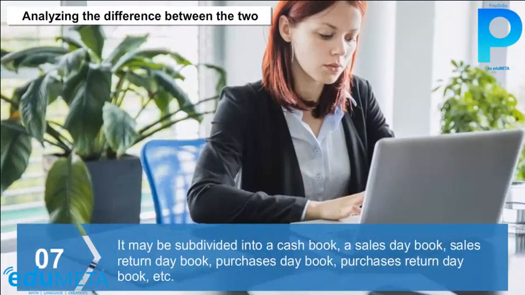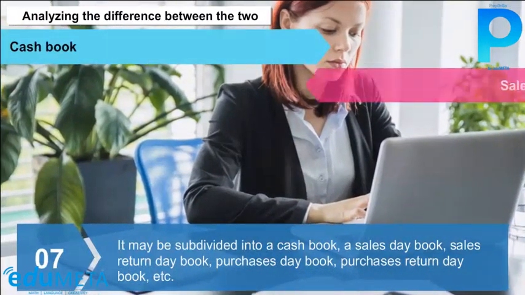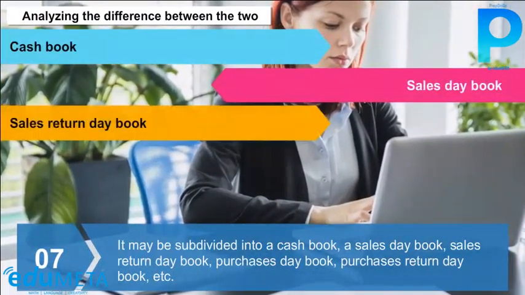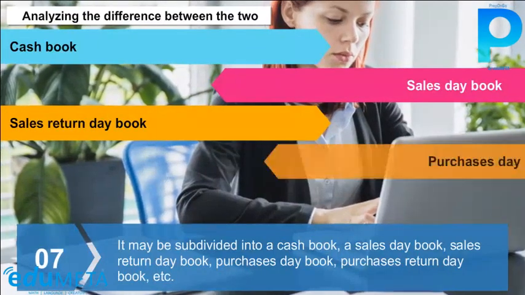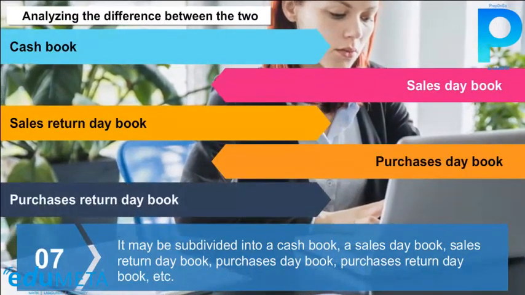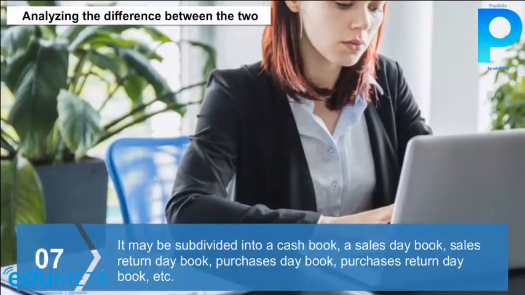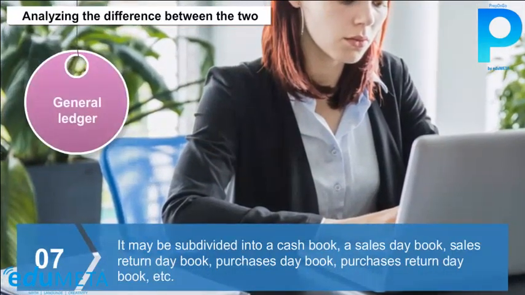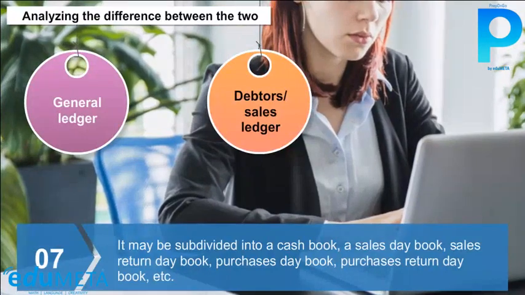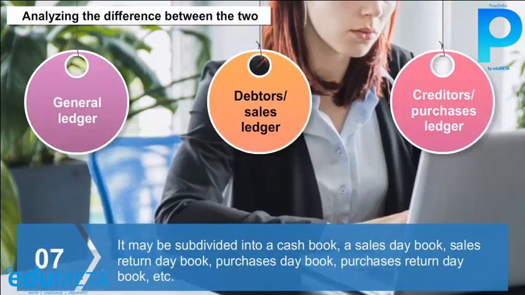Journal may be subdivided into a cash book, a sales day book, sales return day book, purchases day book, purchases return book, etc. However, ledger may be subdivided into general ledger, debtors or sales ledger, creditors or purchases ledger.